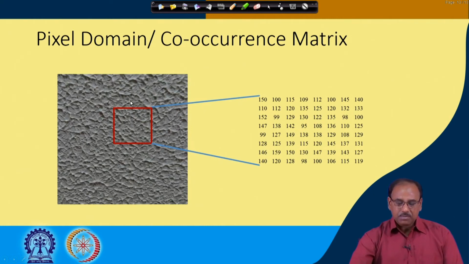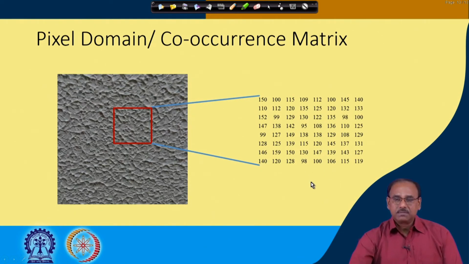However, earlier we have said that an image is nothing but a two-dimensional array of integer values, where normally an intensity is represented by an 8-bit binary number. So, an intensity value varies from 0 to 255. So, given that, if I take a small rectangular or square area within this texture image, this is nothing but a two-dimensional array or a matrix of integer numbers, as shown over here.